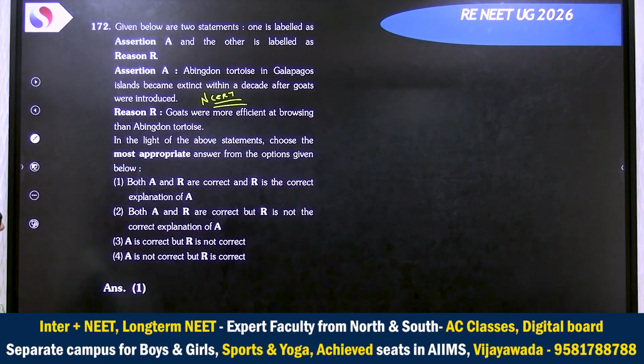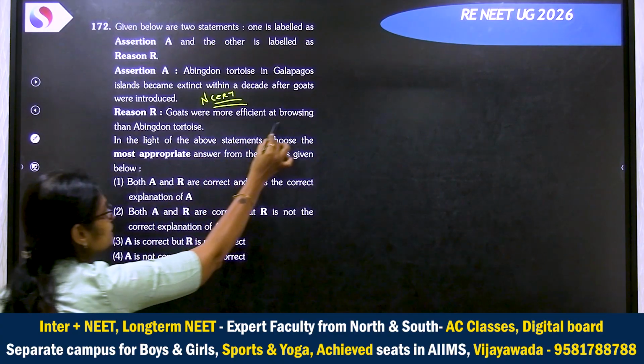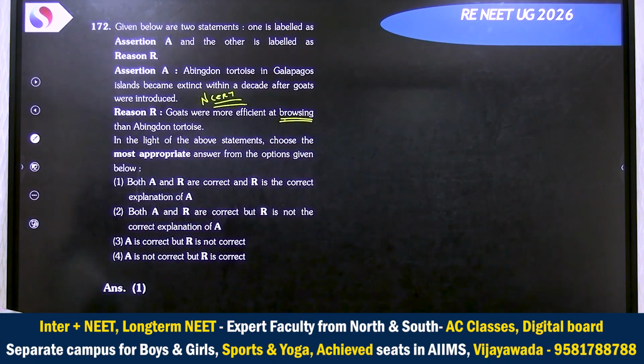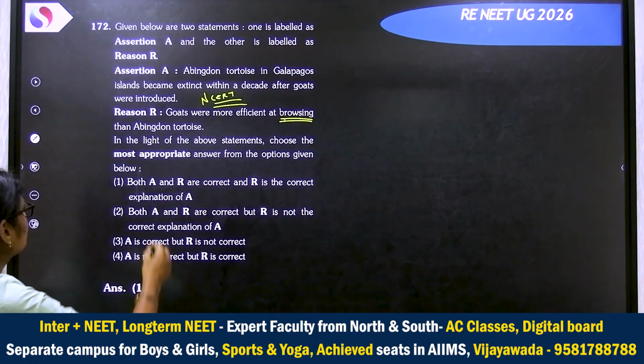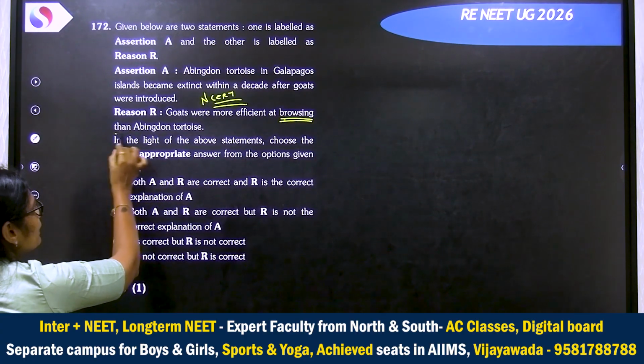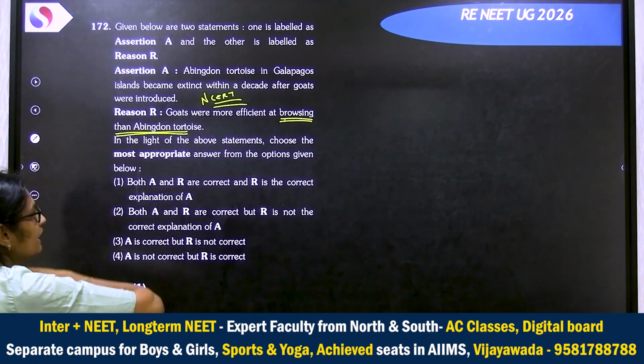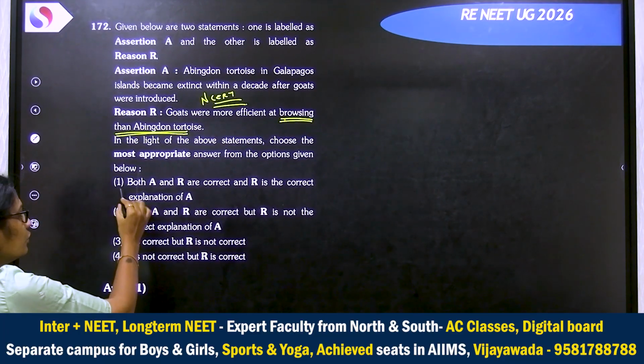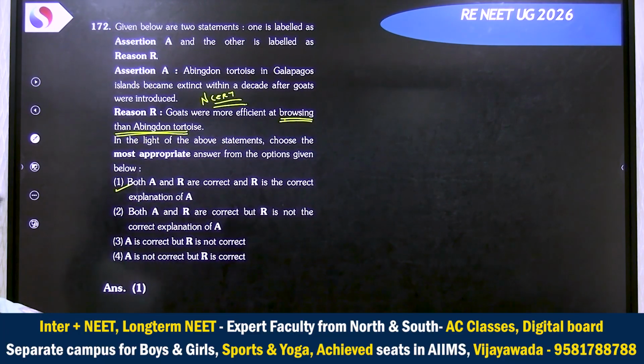When goats were introduced, the tortoise became extinct. Goats were more efficient at browsing. So A is an NCERT line. Both are true and R is the correct explanation for A.